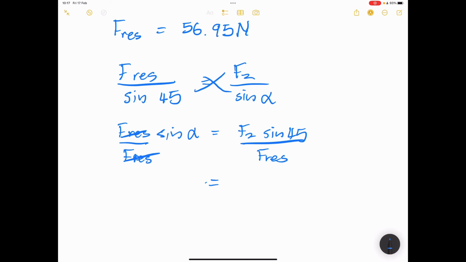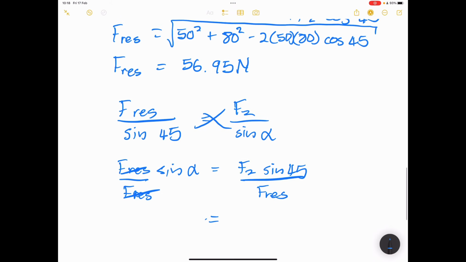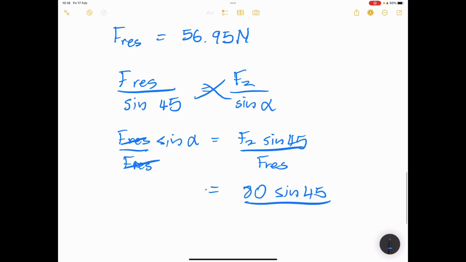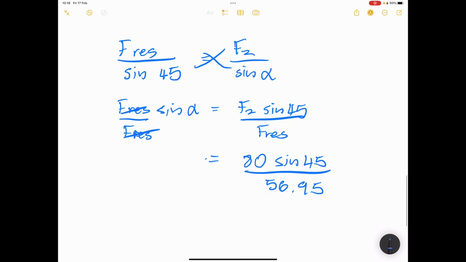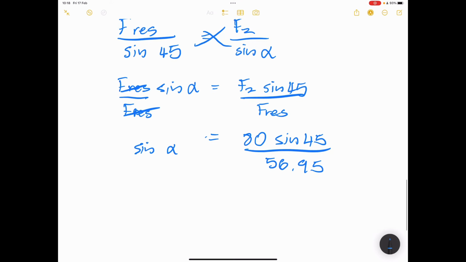So we've got F2, which was 80 newtons, sine of 45, divided by the resultant force we got, 56.95, equals sine of alpha.